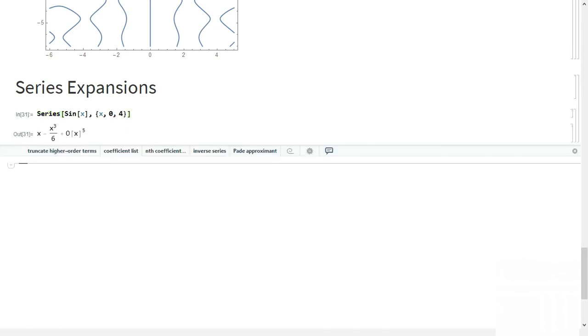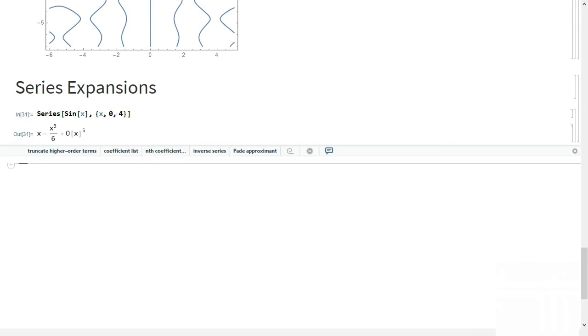Let's see how this works. This example will make things clear for you. I want to evaluate the power series for sine x, so I type the variable x, then I specify a point, let's say 0, that is I want to expand around point 0, and I want to do it up to power 4. I run this code, and as you can see, the series expansion for sine contains only the odd powers.